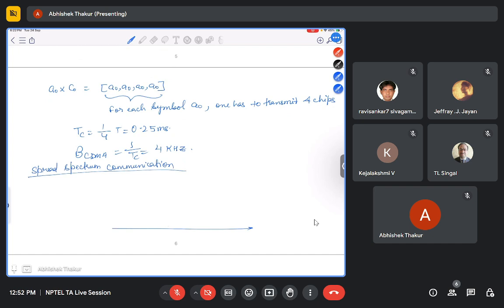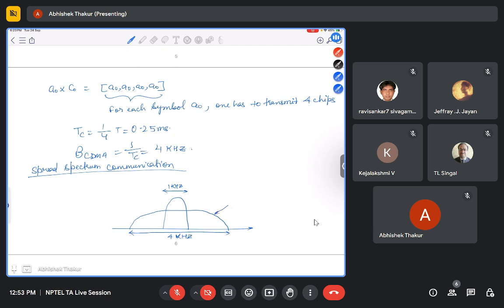So in this, the first symbol A naught has a bandwidth of 1 kilohertz, but the CDMA spreads the bandwidth by 4 times because the code used was 4 chips, so it became 4 kilohertz.